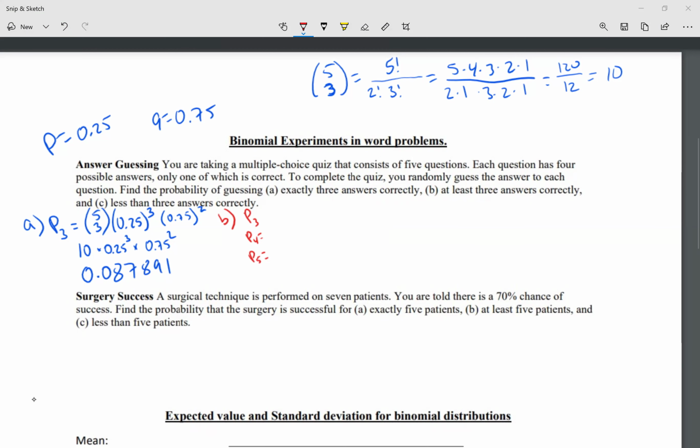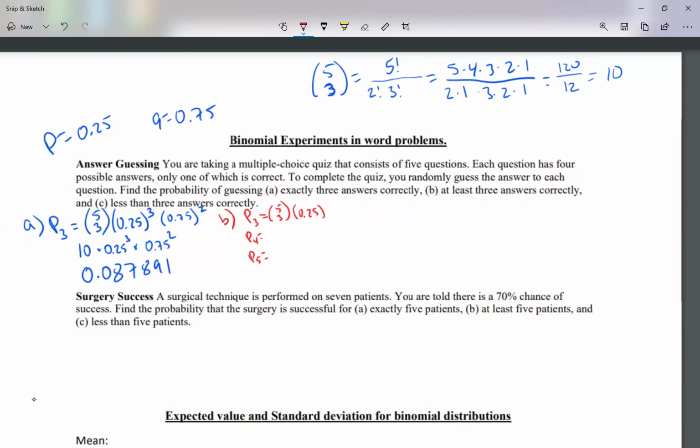Now, the probability that I get 3 answers correctly, just as a reminder, I know we have the answer to this already, I went 5 choose 3 times 0.25 to the third times 0.75 to the second. And this gave me 0.087891.